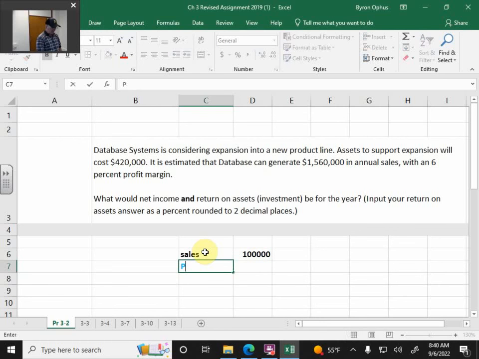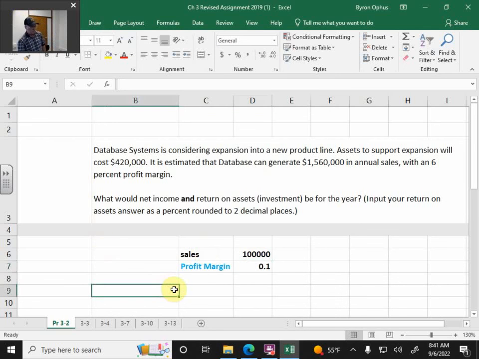Profit margin is at 10%. Okay, so then what's my net income? 10,000, right? This times this then.